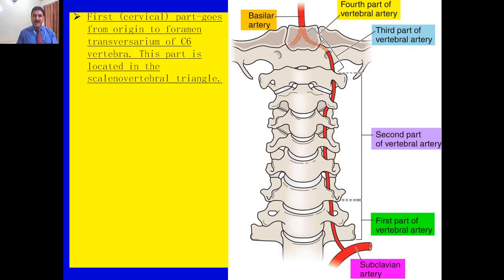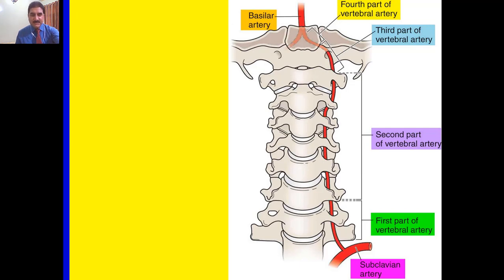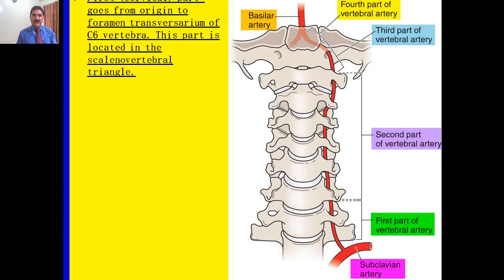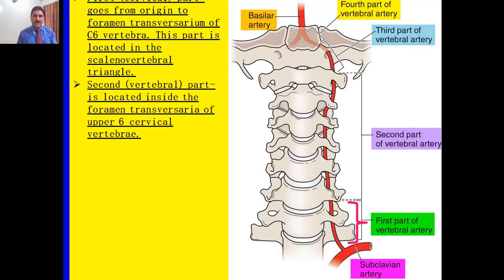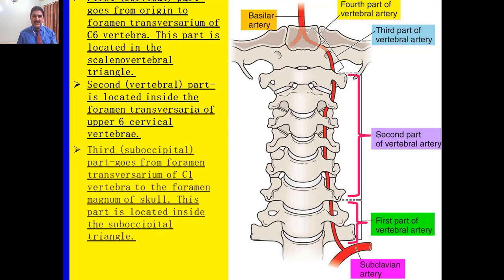The vertebral artery is divided into various segments. As shown in this diagram, it is divided into 4 segments. Segment 1 of the vertebral artery is from its origin till it enters the foramen transversarium of the 6th cervical vertebra. The second segment is called the vertebral part, located inside the foramina transversaria of the upper six cervical vertebrae.